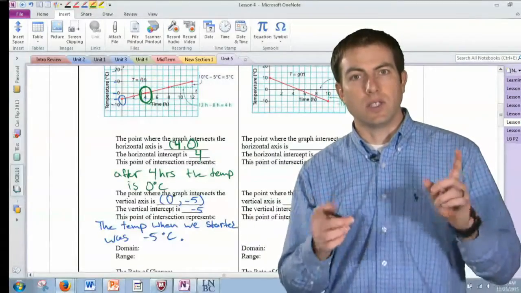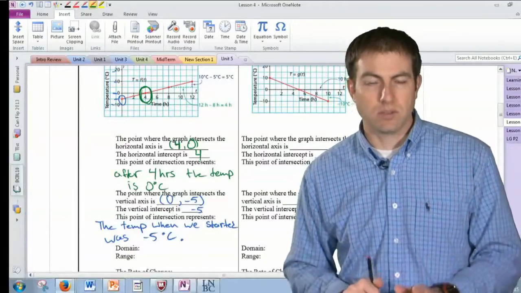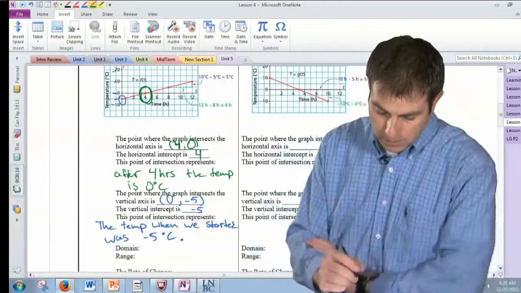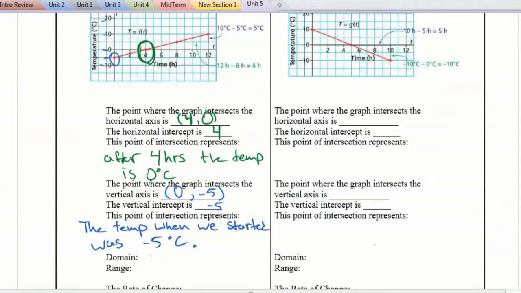So we just looked at how many different ways there are to write domain and range. I like using the interval notation. It's probably one of the most common ways you'll see these things written. So the domain is the x values, and the smallest x value looks like it's 0, and the largest x value looks like it goes all the way up to 12 here at the end.